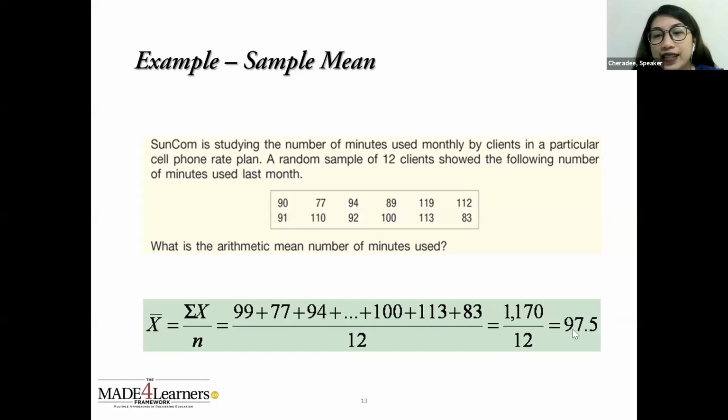As you notice, 97.5 is the average usage of people. If I have a plan and the average usage allowed is only 90 minutes, that means they already computed that each person could potentially use more than 90 units, which is 7.5, and that's an excess to the company. So it's an added profit to their company. That is actually a good use of statistics.